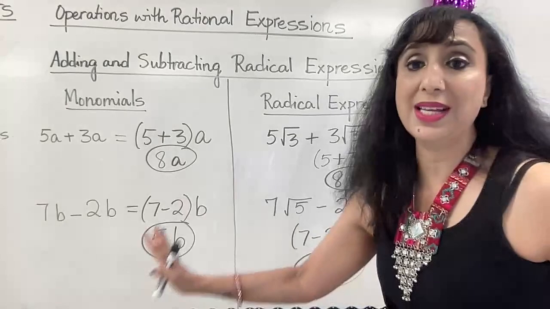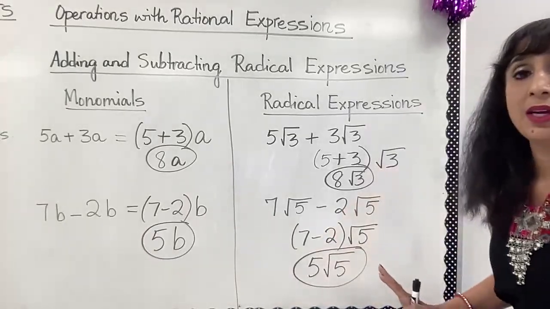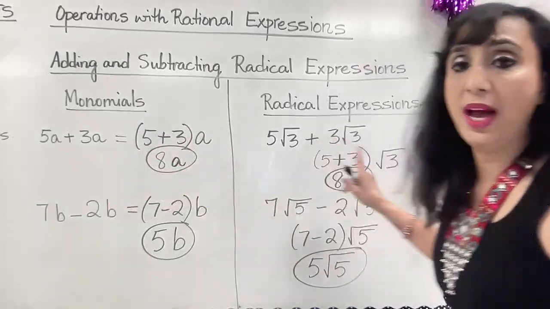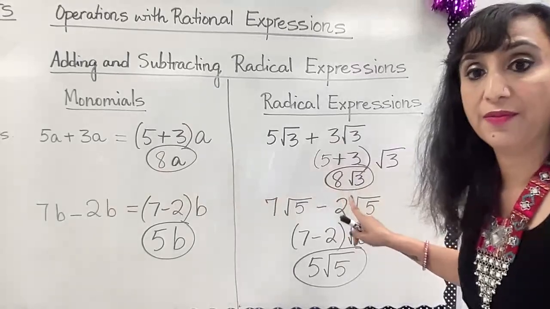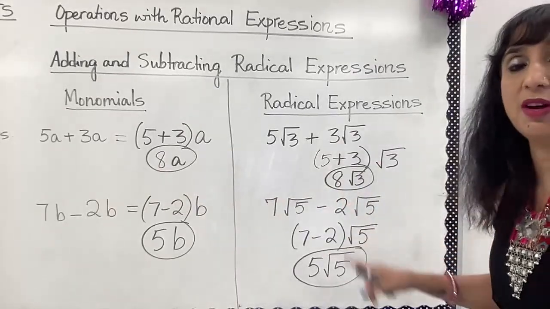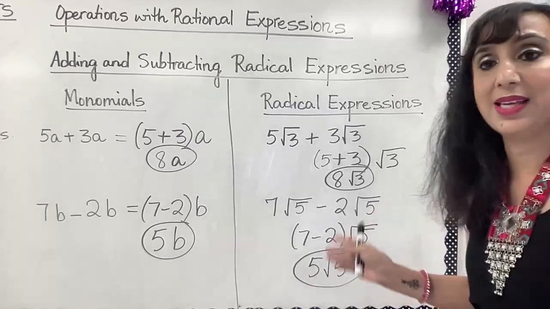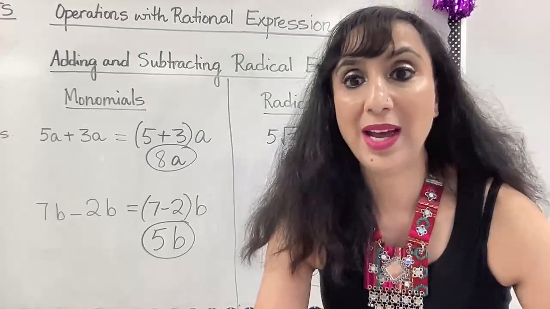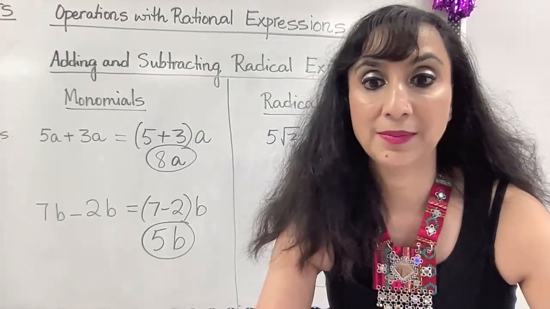The principle is exactly the same. Just like we have to have the same variable over there, we have to have the same radicand over here. But again, the principle of adding and subtracting is exactly what we have done with monomials. So let's go ahead and solve some problems.